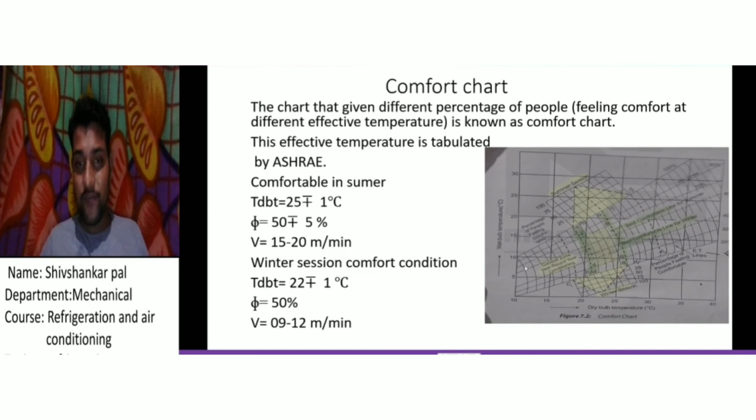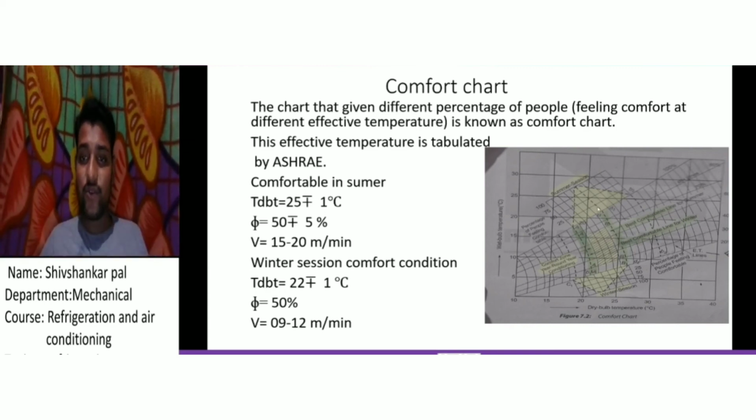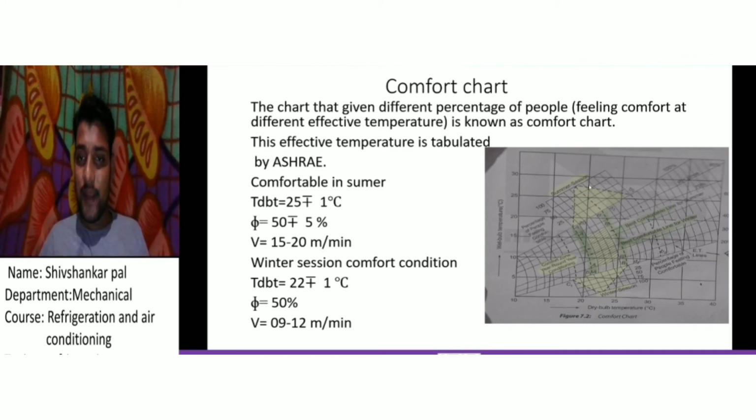You see in the figure, that figure also draws the wet bulb temperature and dry bulb temperature. In this figure you will see this portion is the summer season, this portion on the bottom side is the winter season, and this portion is the whole year. If you design an air conditioner for summer, then take a value from here, and you design for winter in the same way.